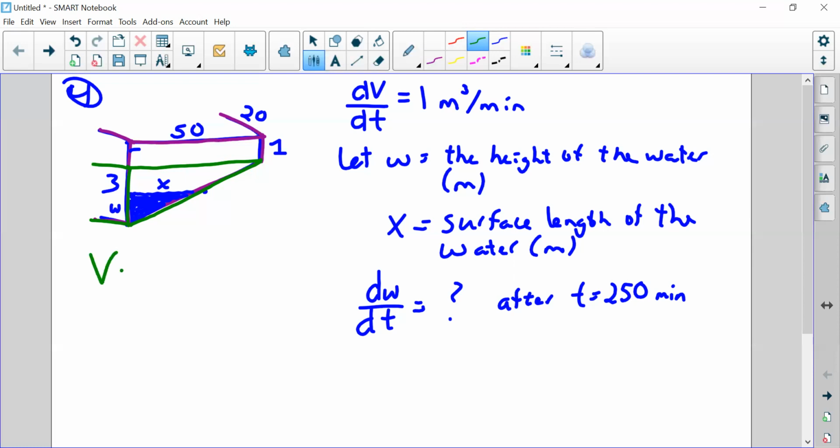Because here, how do you find the volume of the triangular prism? And that's the first question asked. Volume of the face, which is a triangle. So how do you find the area of the triangle? 1/2. Okay, and what's this length here?